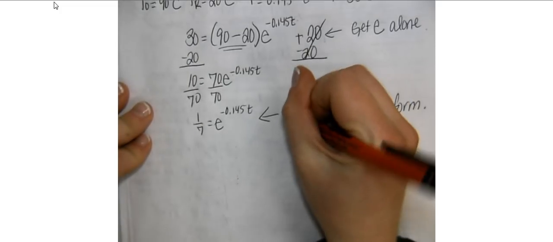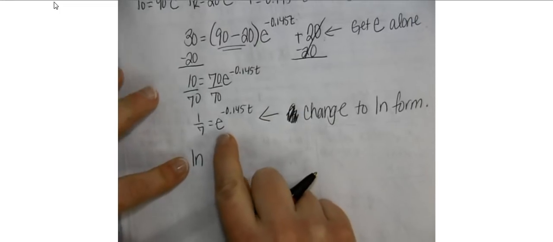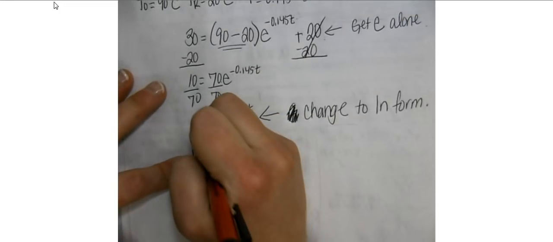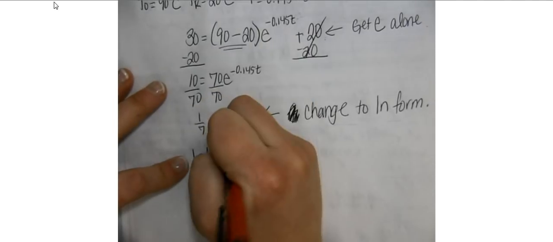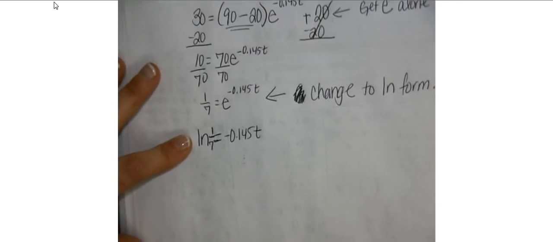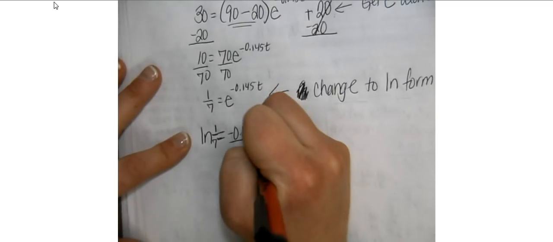I'm going to rewrite this as the natural log, which means log base e, of my answer, 1/7, equals my exponent, negative 0.145 times t. So now I'm going to divide both sides by negative 0.145.